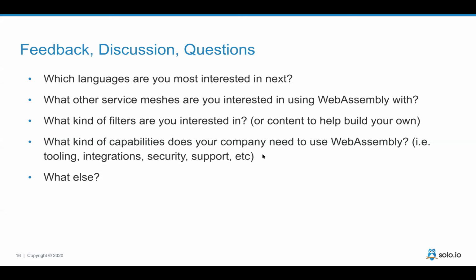Since Istio changed the architecture and there is no more mixer, or even mixer is now deprecated, we want to move to WebAssembly and those plugins to Istio. We are most interested in Golang, in this case TinyGo, since our developers and our services are mostly written in Go.